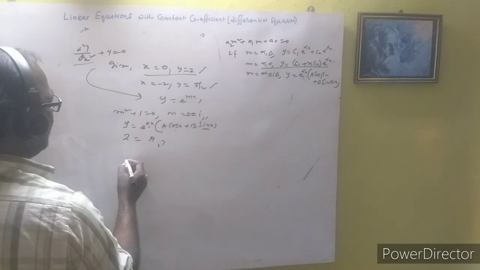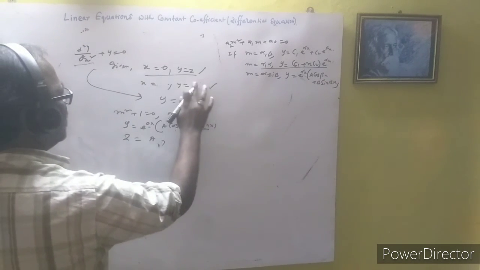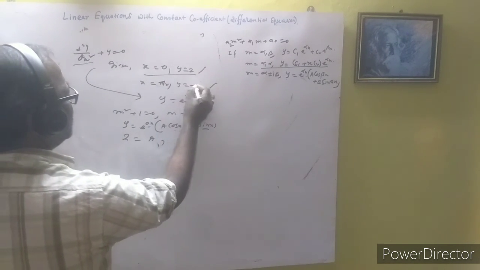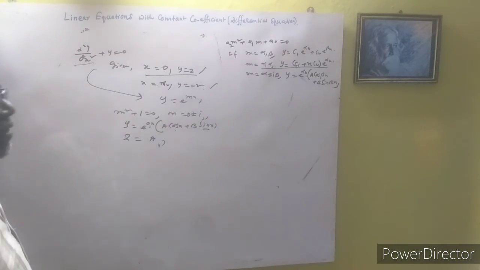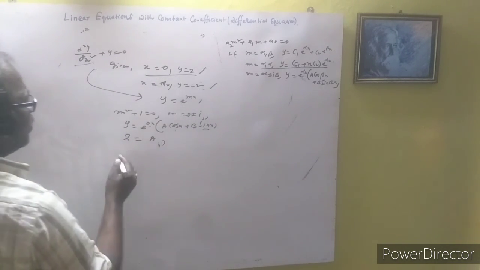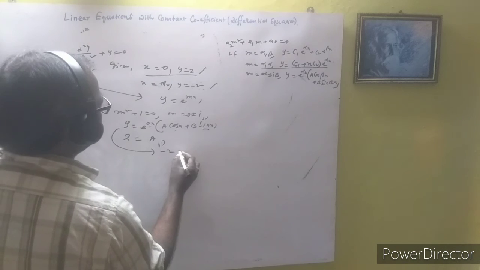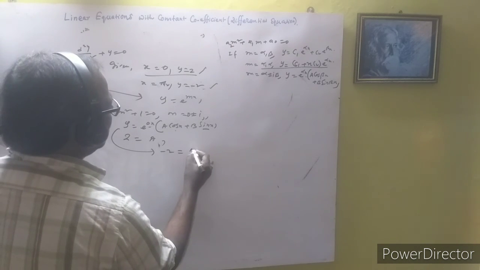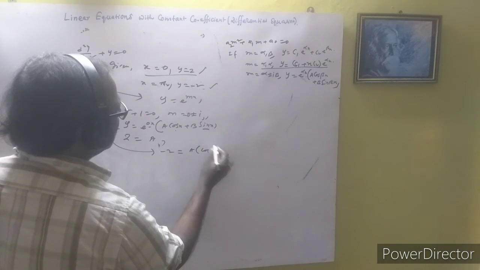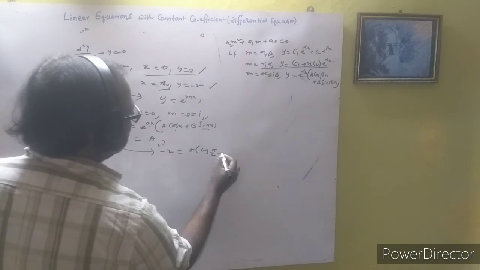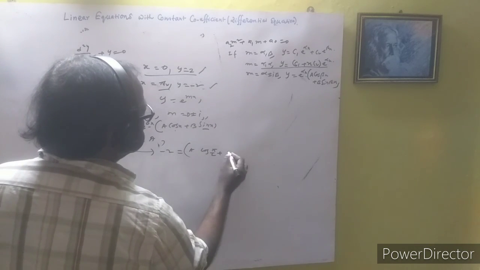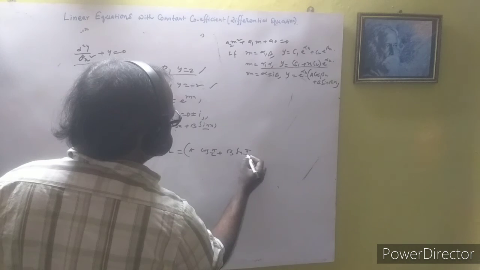I made a mistake here, this is pi by 2 and this is minus 2. Okay, I wrongly wrote it here, sorry. Now look, if y equal to minus 2, then we get a into cos pi by 2 plus b into sin pi by 2 here.